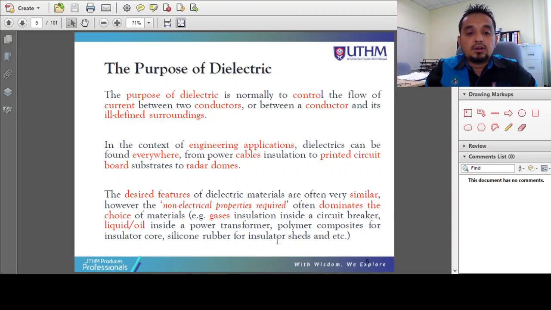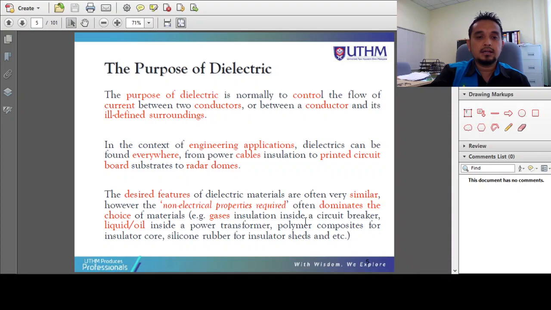The selection of gas, liquid or solid dielectric material depends on the application, and in most cases non-electrical properties are the top priority in selecting the right dielectric state.